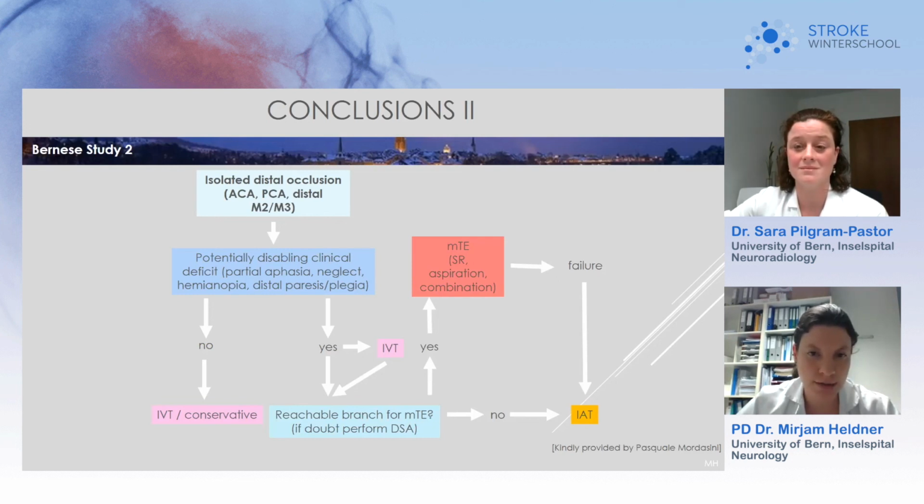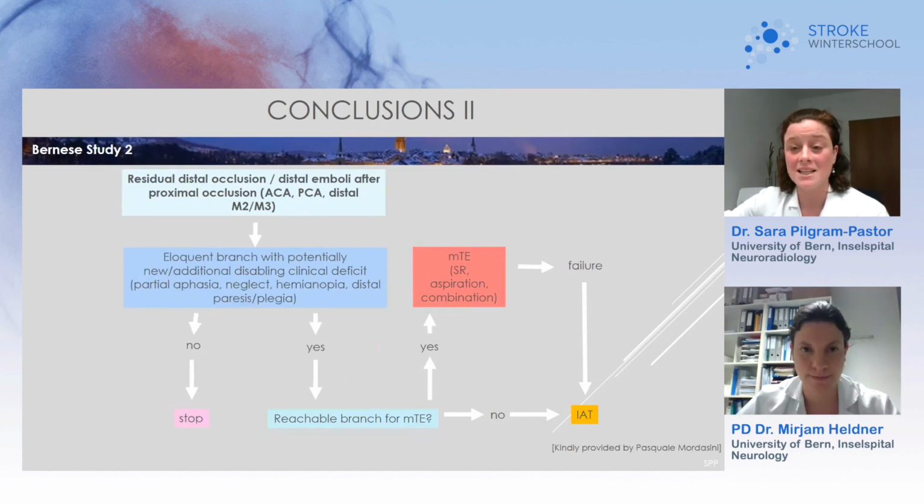And in case of an endovascularly reachable branch, we tend to add a mechanical thrombectomy with a stent retriever, aspiration, or a combination of both. However, if the reperfusion fails, we consider adding urokinase additionally. What isn't shown in this flowchart is that we also consider the imaging findings.